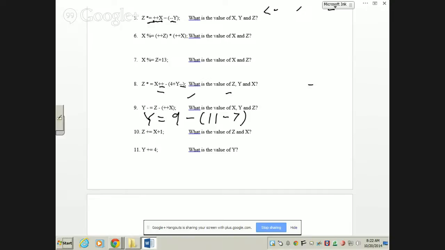Okay, so we have y equals 9 minus 4, y equals 5. X equals 7. And what about z? 11, correct, doesn't change. Good.